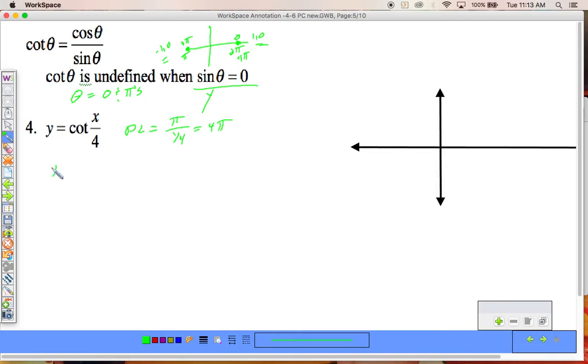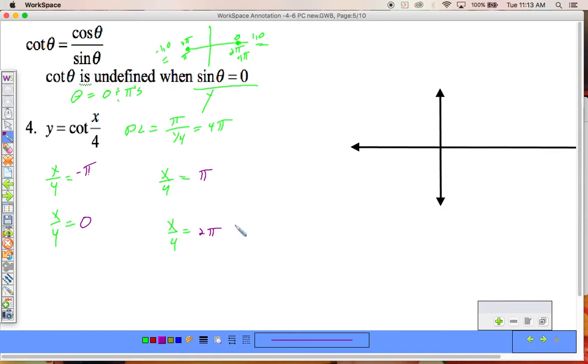Now I'm going to take x over 4, set it equal to 4 consecutive places where the cotangent is undefined and 0 and pi, so we're going to use negative pi, 0, pi, and 2 pi. You can use 7 pi, 8 pi, 9 pi, and 10 pi if you want, but it's going to make your graph way different.